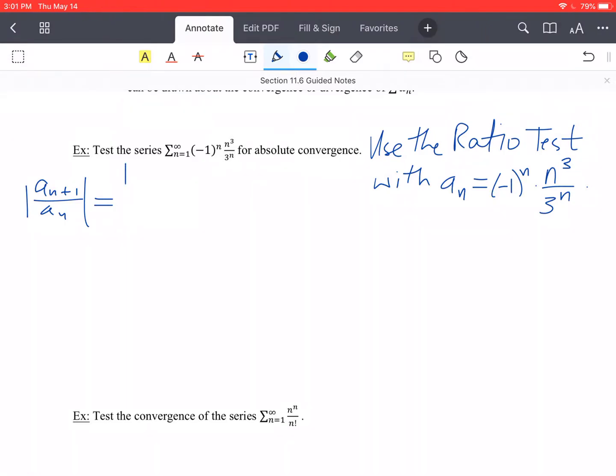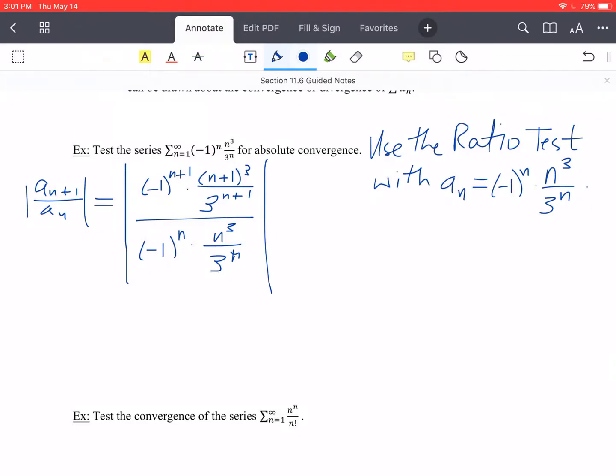So you're going to need some space here for this fraction. That's going to be negative 1 to the n plus 1 times n plus 1 cubed over 3 to the n plus 1, over negative 1 to the n times n cubed over 3 to the n. Okay.